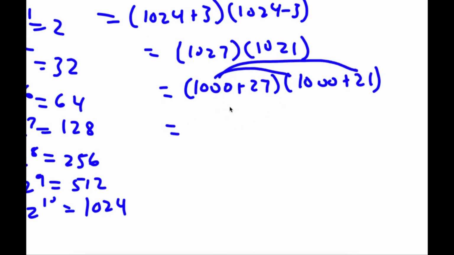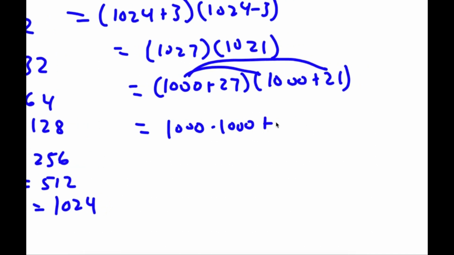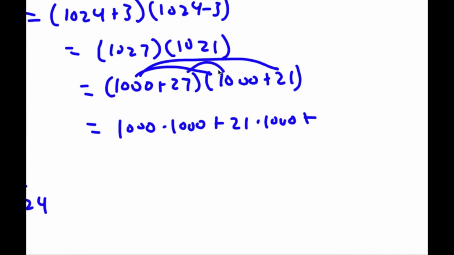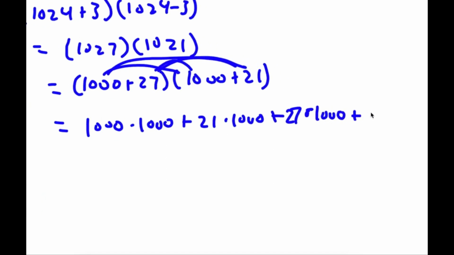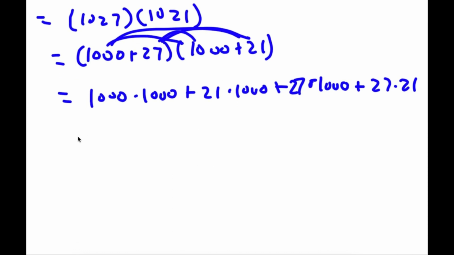I'll first distribute the 1000, so I have 1000 times 1000 plus 21 times 1000, plus now if I distribute the 27 times 1000 plus 27 times 21.